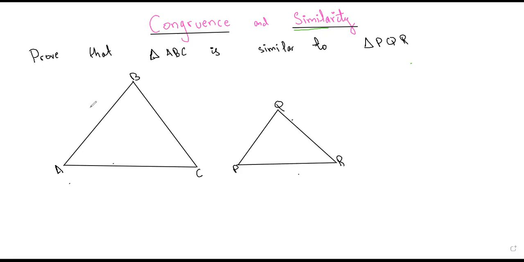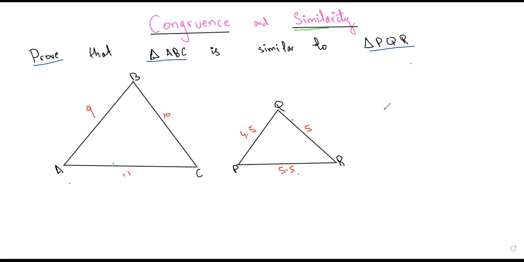And you have been told that this side is 9, this is 10, this is 11, this is 4.5, this is 5, and this is 5.5. Okay. Now, what is the thing? You need to prove that these two triangles are similar. Okay. So we know a few things about similar triangles.